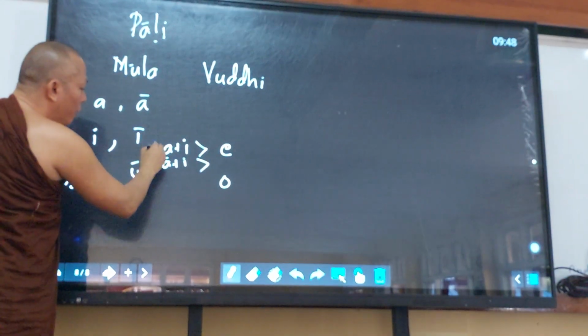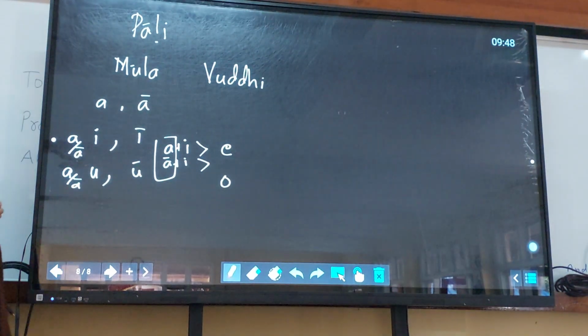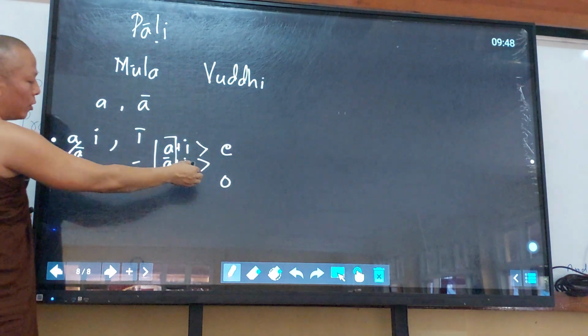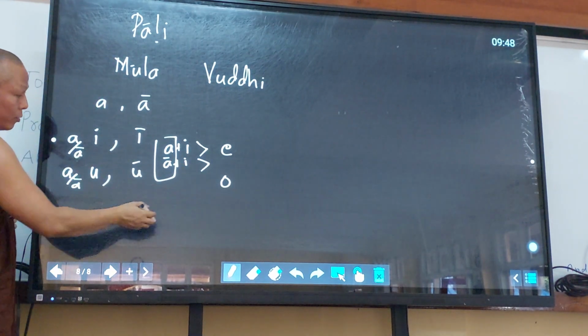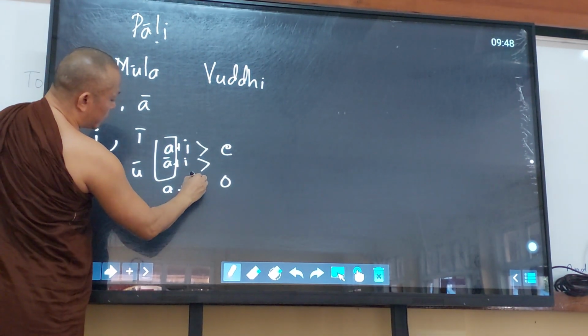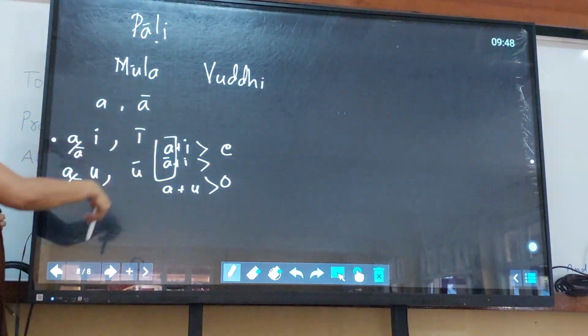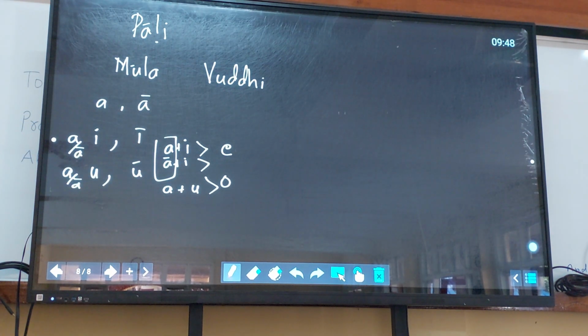In this way, one vowel increases before that. Also before the u, a plus u becomes o. That is why they are called vuddhi, increasing in this system. But mula sara are a, i, u.